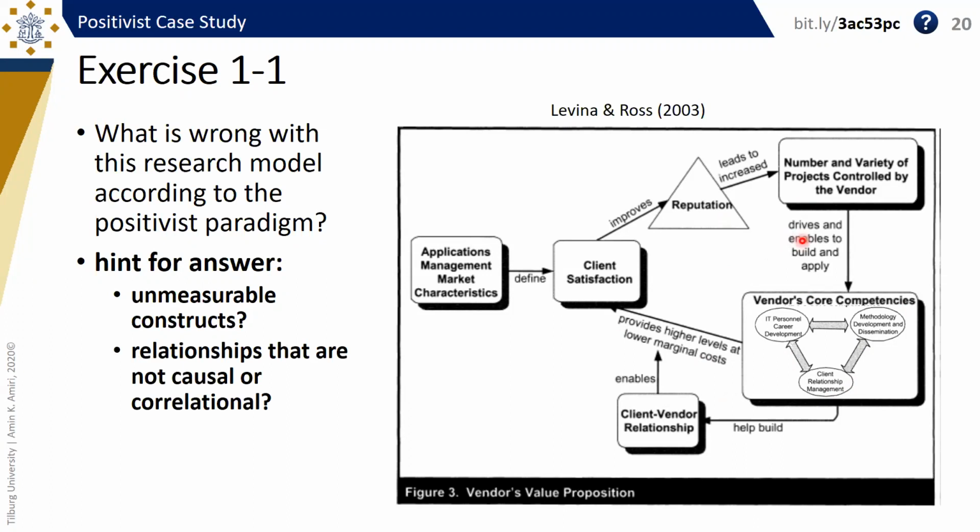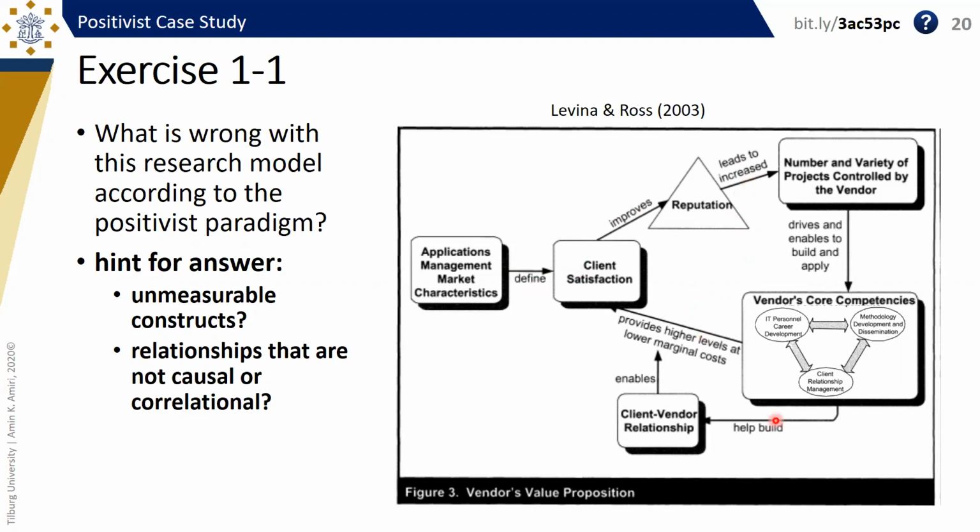How about the relationships here? What's wrong with the relationships? They are not causal or correlational. You have defined here. Improves can be seen as a kind of causal or correlational. Leads to increase, this is sort of correlational or causal.